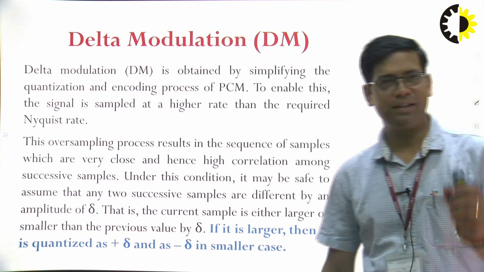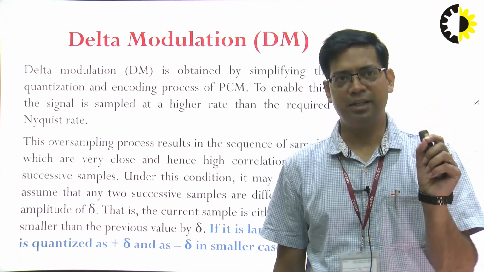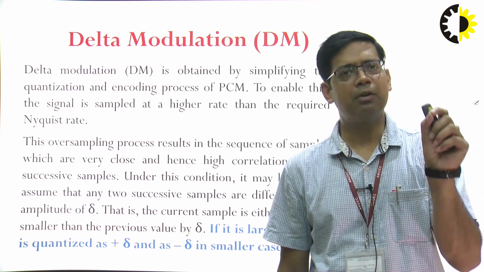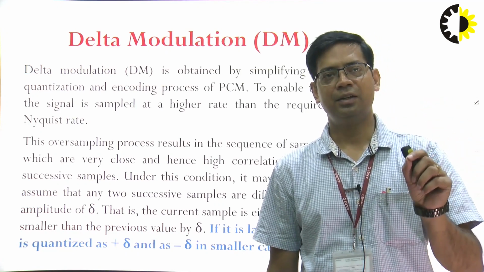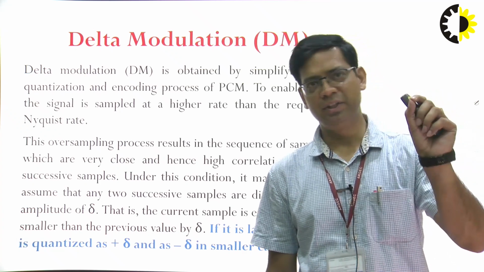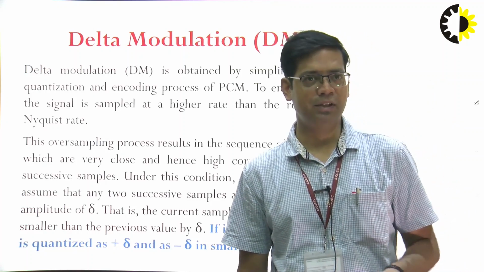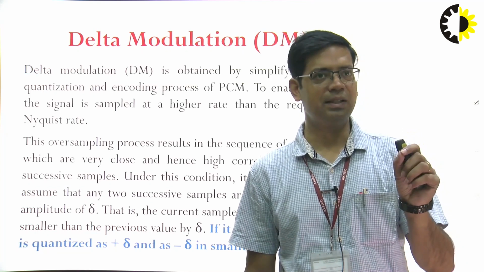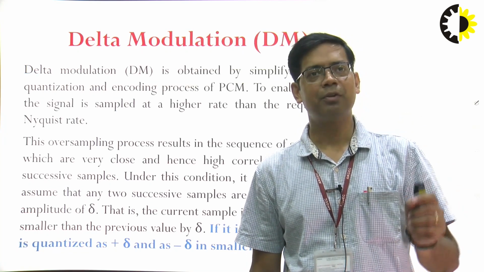Now what happens in case of pulse code modulation? We assign a number of binary bits to each quantization level, and corresponding to each quantization level we transmit these bits. Say for example, if we have 8 quantization levels, then to represent these 8 quantization levels using binary, we need 3 bits.